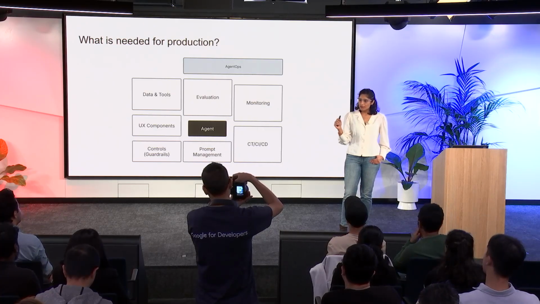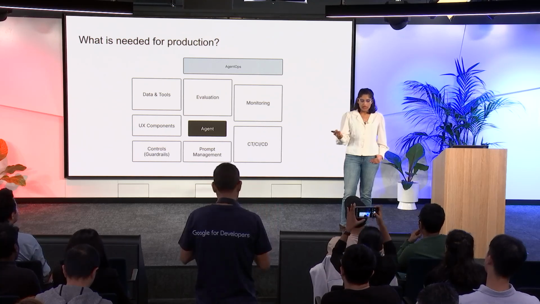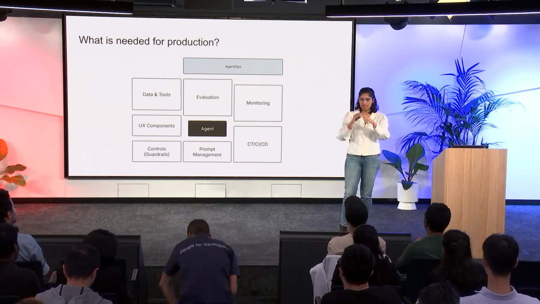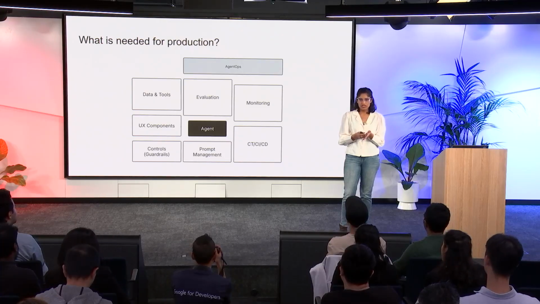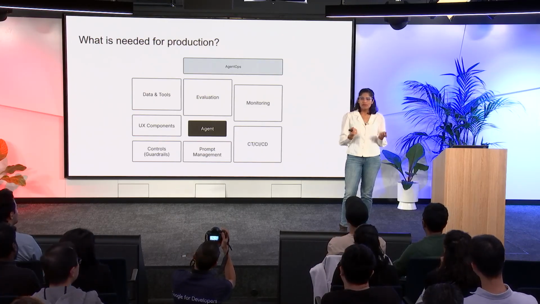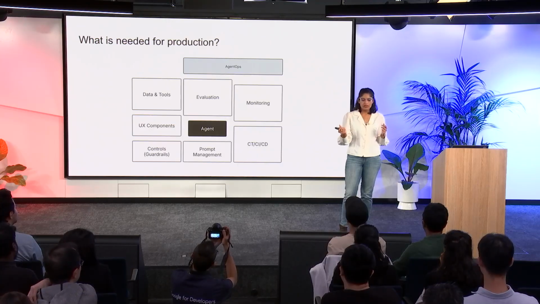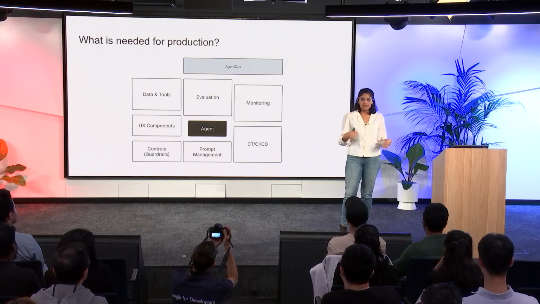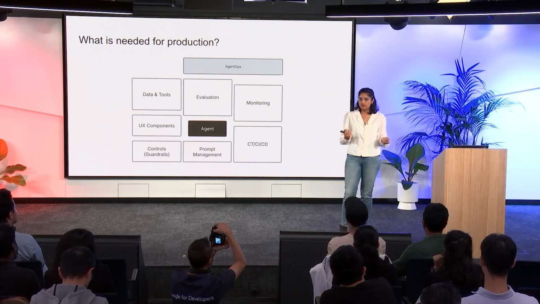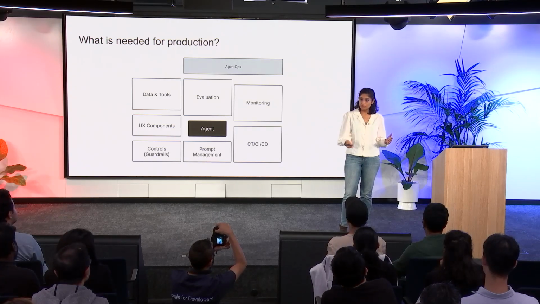There's also a CT part, which is continuous training, so continuously making your agent better. And then prompt management. These are very important parts of your agent because for a lot of the agents we're developing, prompts are really important. You change something in the prompt, and it completely changes the behavior. I've seen that happen, and it's super sensitive to the prompt. So it's really important for us to version those prompts. That's why prompt management comes in.